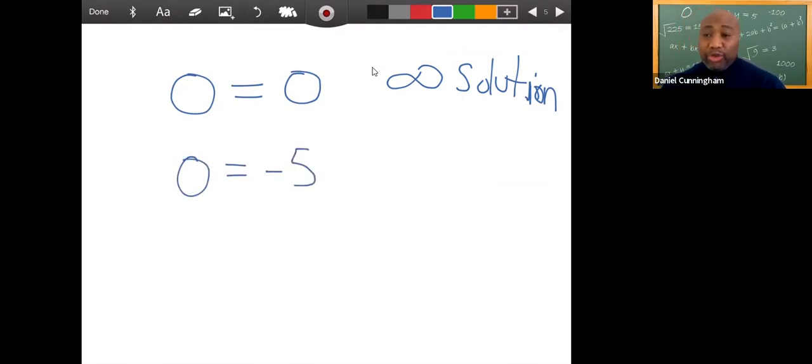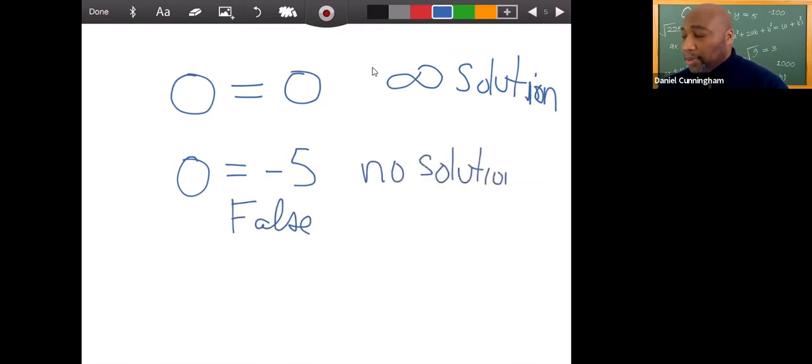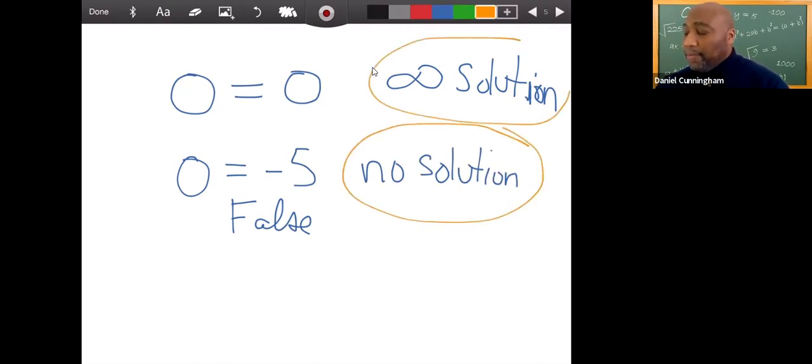Is that true? Does 0 equal negative 5? No, it's false. So then my answer will be no solution. And you can circle that as no solution. So the substitution method, just like the elimination method or the addition method, basically falls under the same principles when it comes to infinite solutions and also no solution.